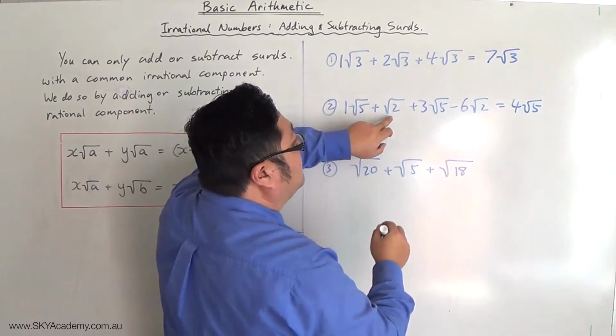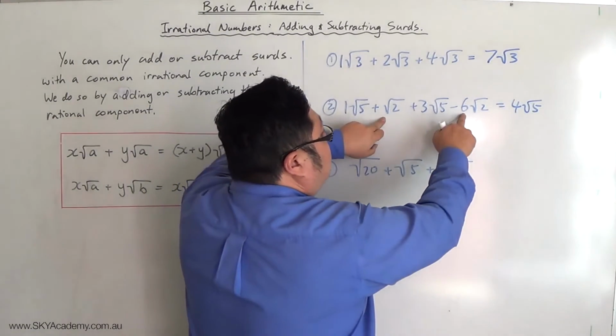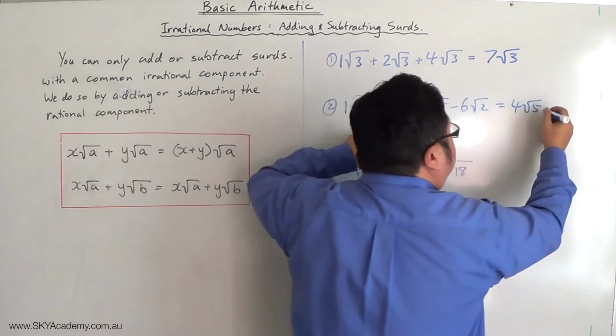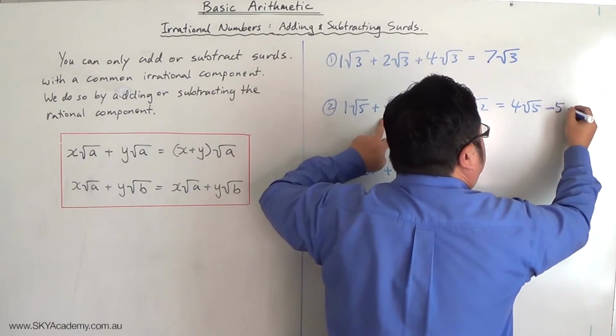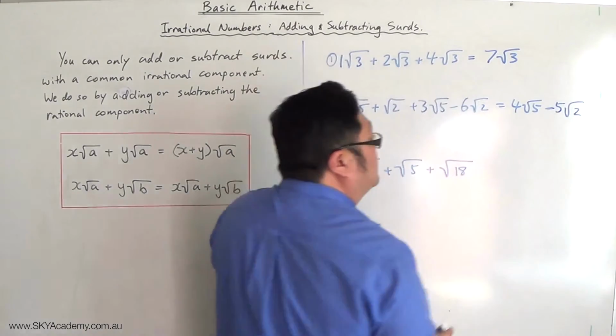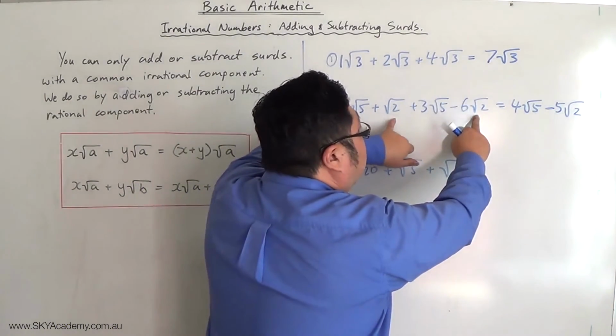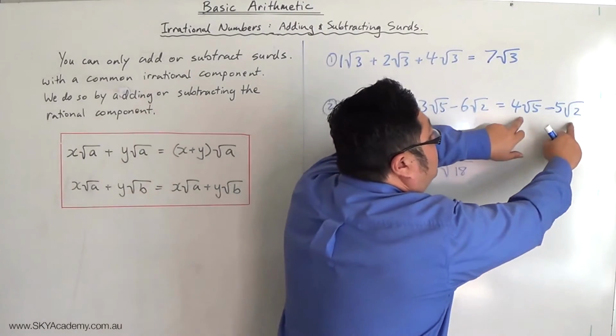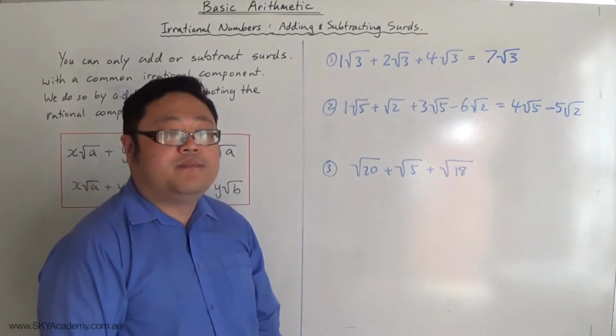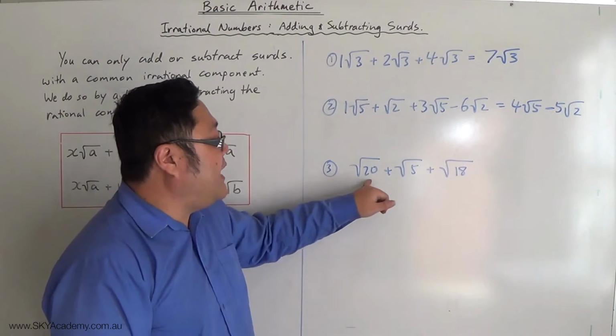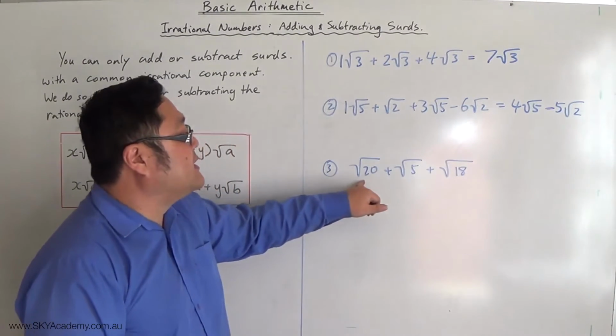And then you've got plus 1 root 2 minus 6 root 2 gives you negative 5, which ends up being minus 5 root 2. So you can combine these two, you can combine these two, and then you're left with those two at the end. Okay.